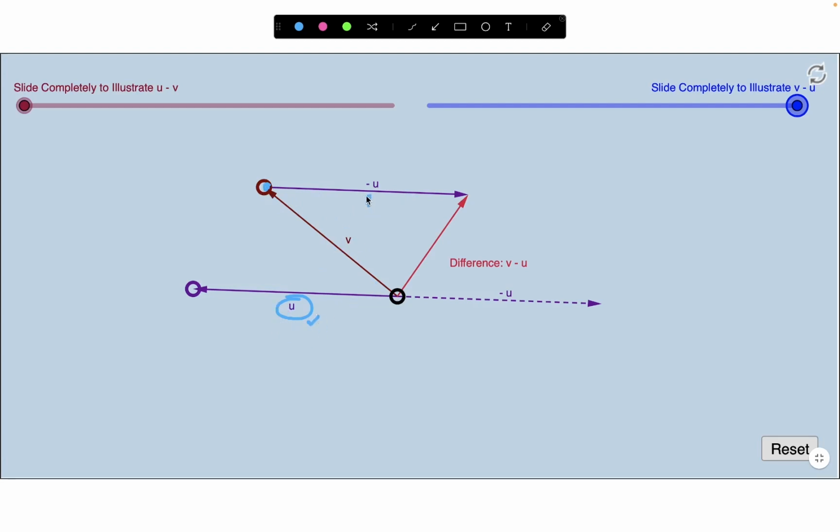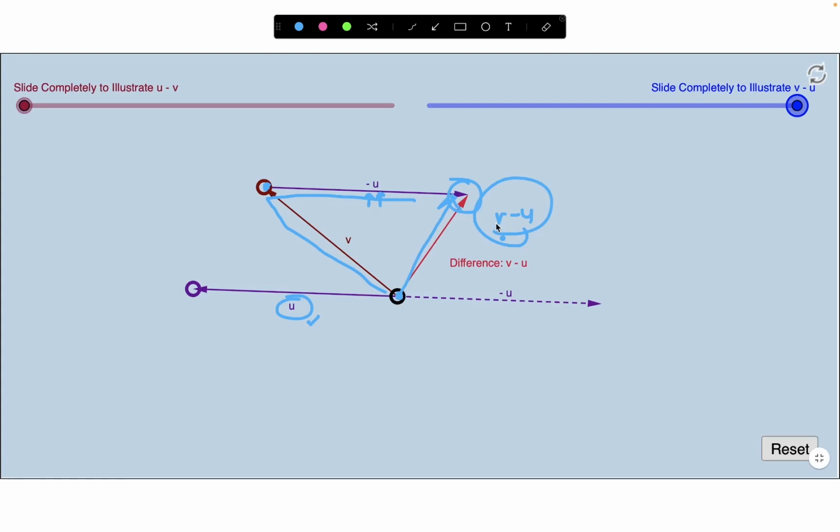Then you will have this negative sign, but the same magnitude would result in the same u vector here. Of course, you can reach this terminal point by traversing through v and then minus u, and hence we can call this new vector that we have drawn from the initial point to the terminal point directly v minus u.